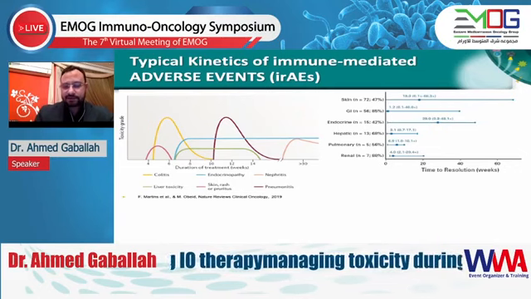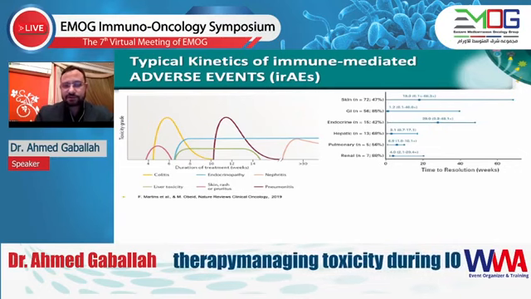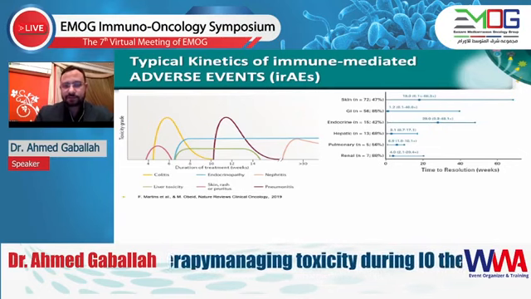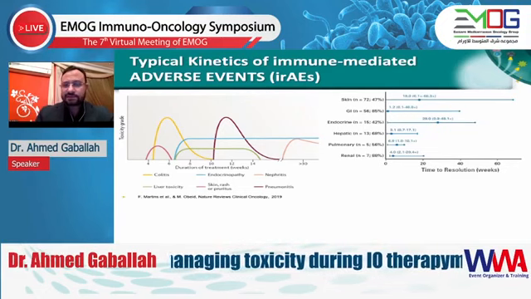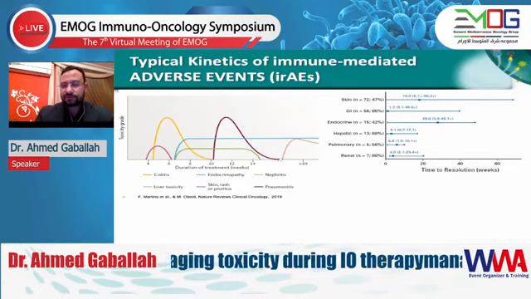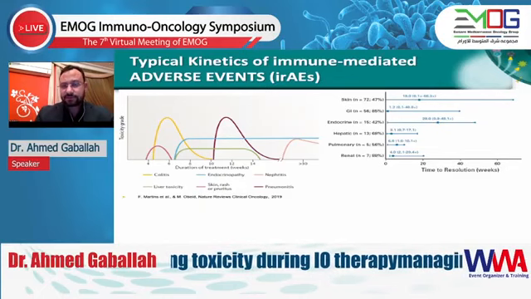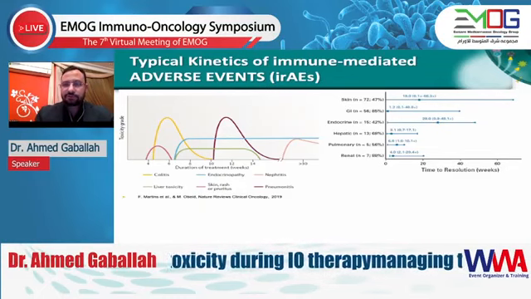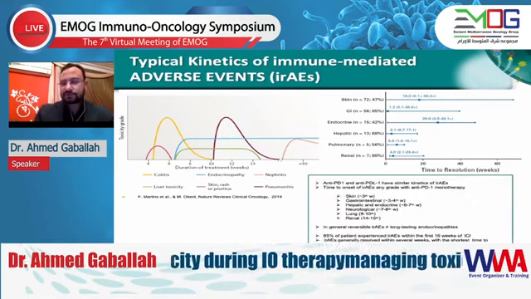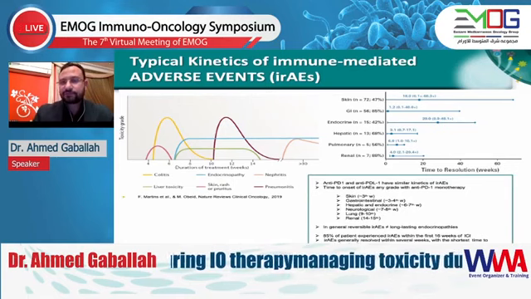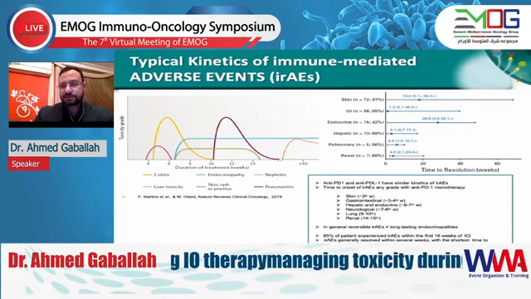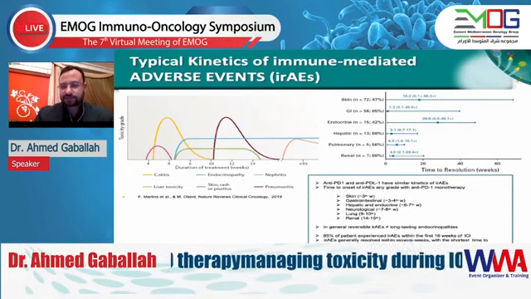As the immune-related side effects happen fast with a specific pattern, the resolution of the toxicity also has a specific pattern. Most toxicities resolve spontaneously within a few weeks, except for the skin and the endocrinopathies, which may last for some time.